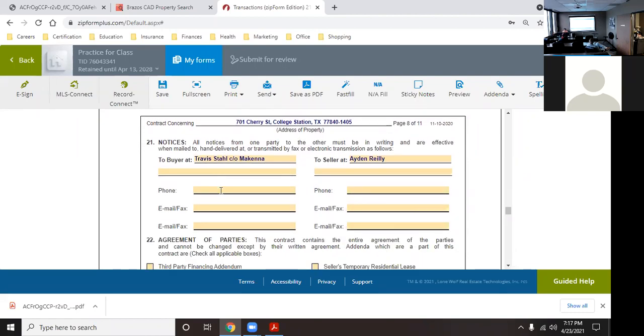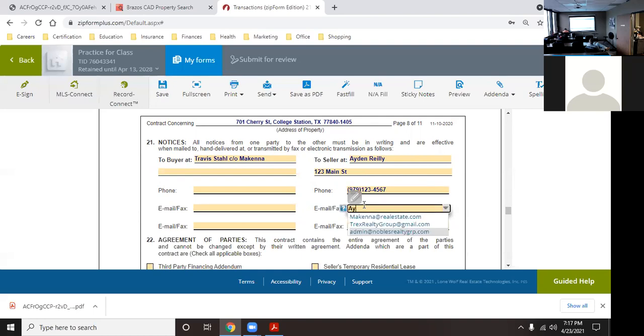Here we go. Here are the notices. So for example, if Aiden wants to put in here, let's see, he lives at 123 Main Street. That is where he's moving to. He's moving to 123 Main Street, and his phone number, let's say, is that.